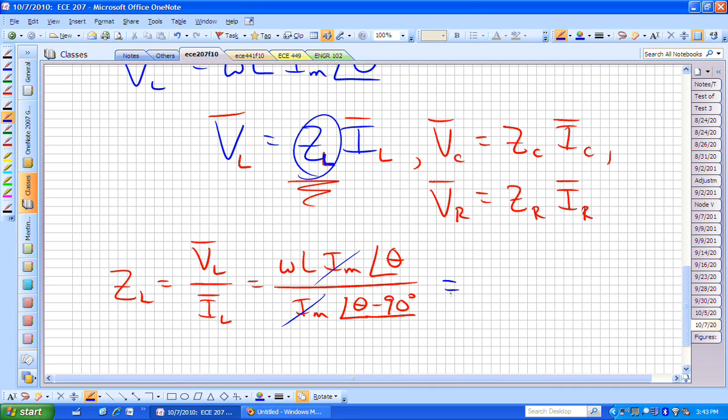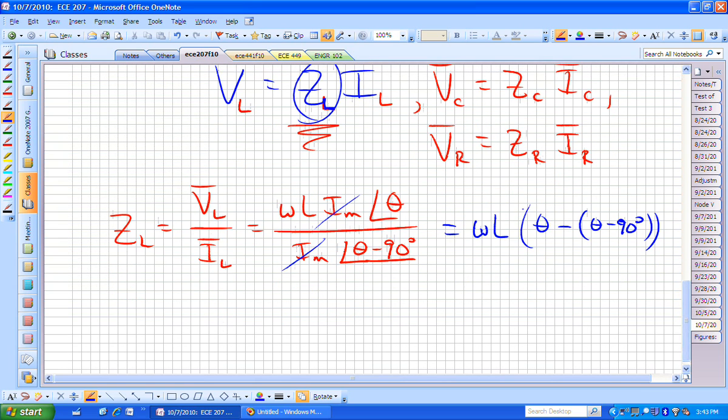Meaning we divide out the magnitudes, which in this case we've already canceled, and we're left with just omega L. But now we take the numerator angle and subtract from that the denominator angle. So that Z sub L now becomes omega L at an angle of 90 degrees. And that now represents the complex impedance of an inductor.